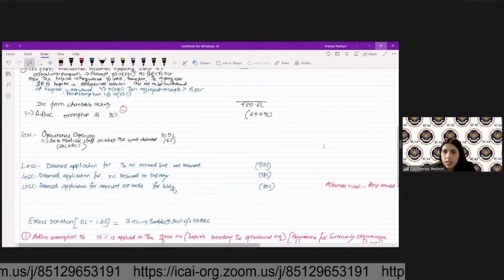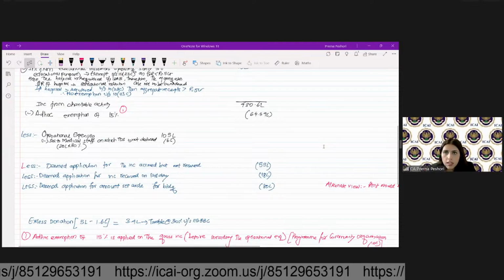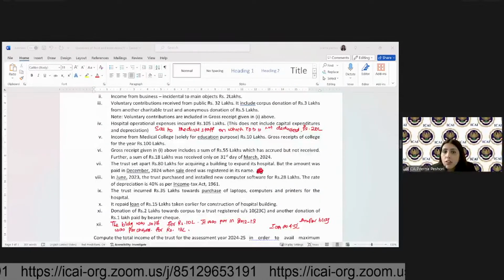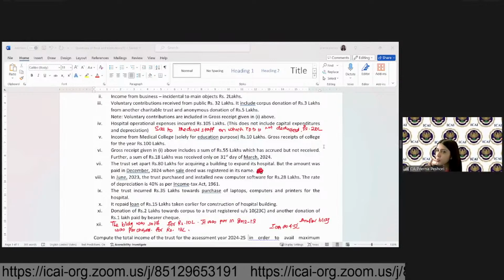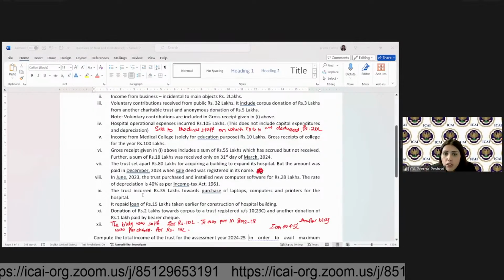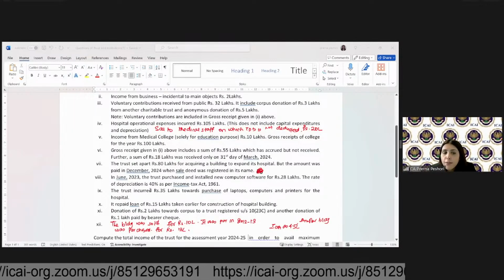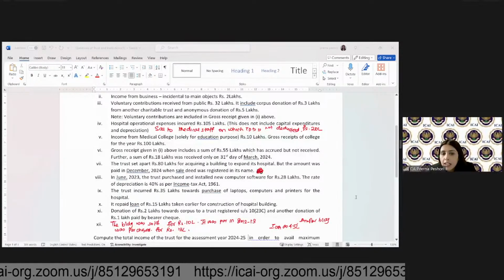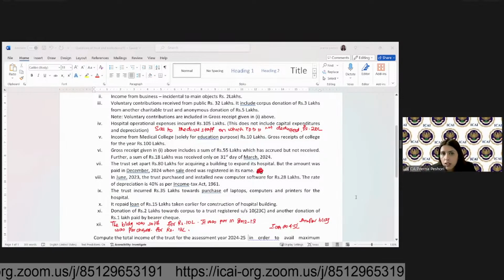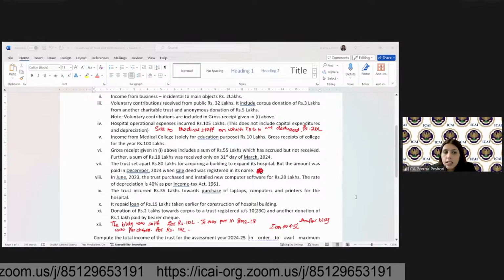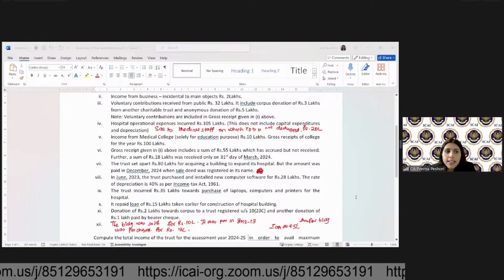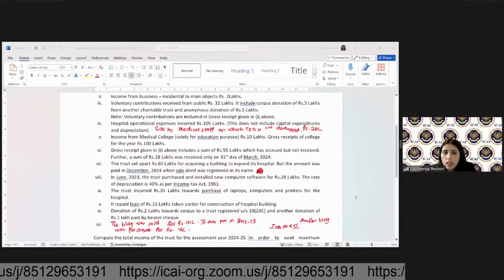So fine. Now the next adjustment here is: in June 2023, the trust purchased and installed a new computer for rupees 28 lakh. The rate of depreciation is 40% as per the Income Tax Act. So as a trust I have purchased a computer.